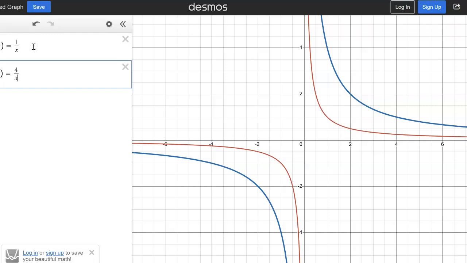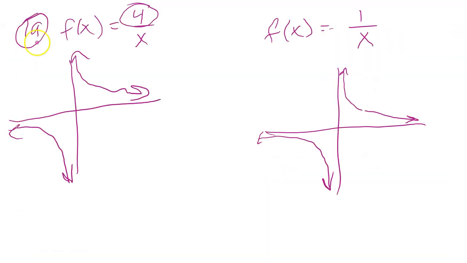It goes up faster. Vertical stretch. It's hard to see. All right, on to the next one.